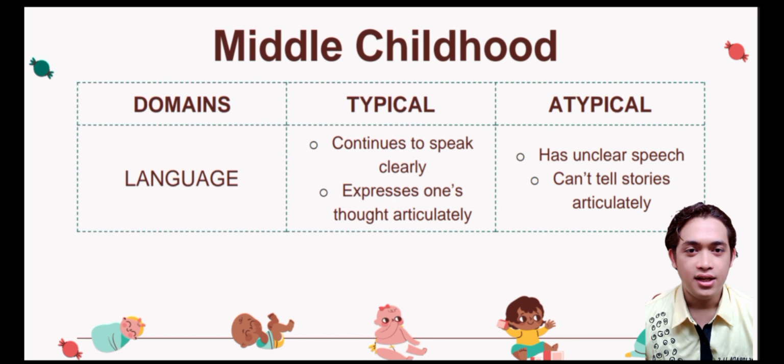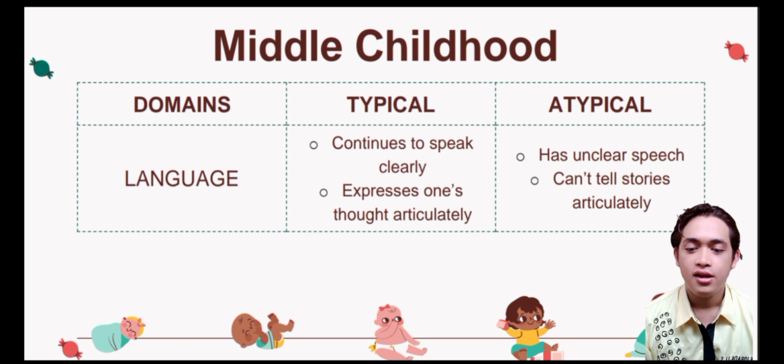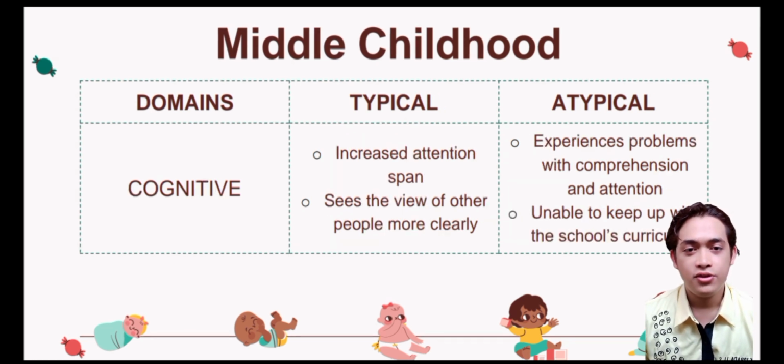Now, for the language domain, the typical development is that they continue to speak clearly. They express their thoughts articulately. The atypical development is that they may have unclear speech and they cannot tell stories articulately. For the cognitive domain, there is an increase in attention span and they see the view of other people more clearly.